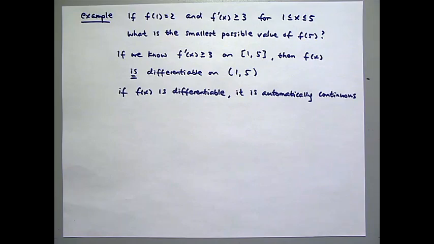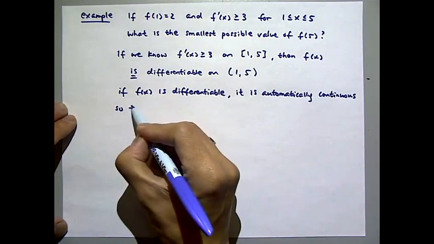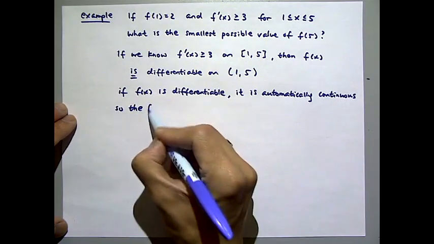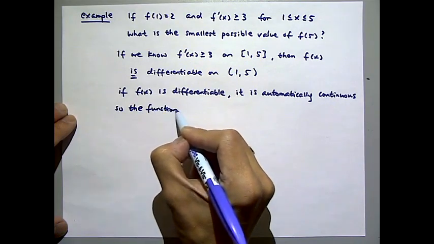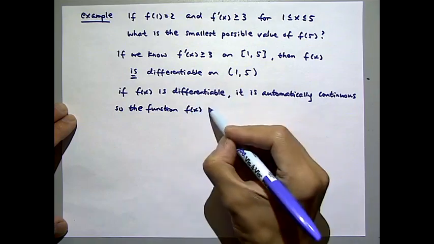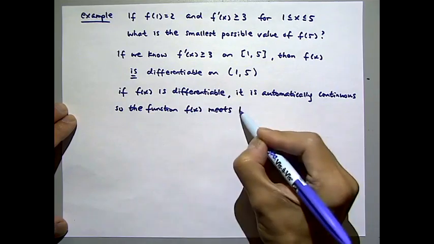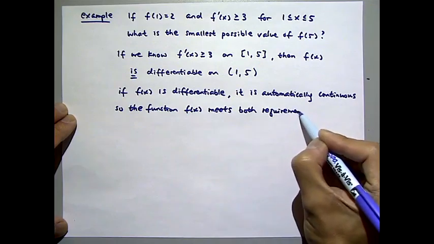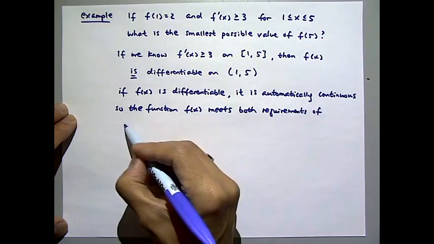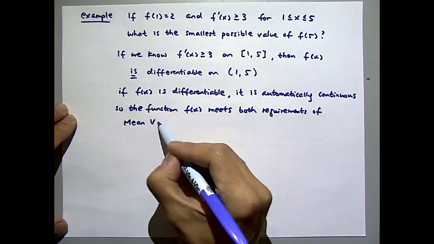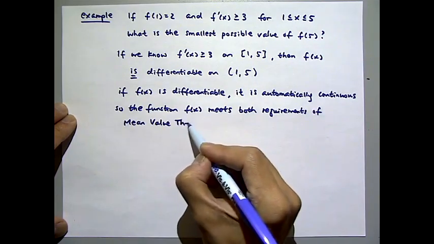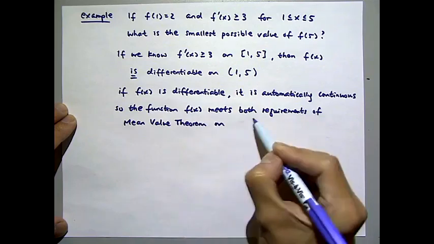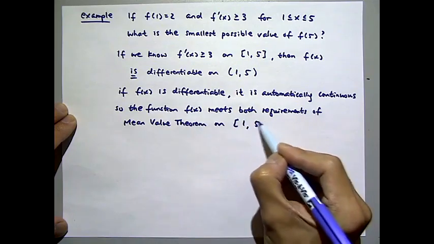And therefore, what we know just from this simple statement here, by interpreting what's given to us, the function f of x meets both requirements of the mean value theorem on the interval 1 to 5.